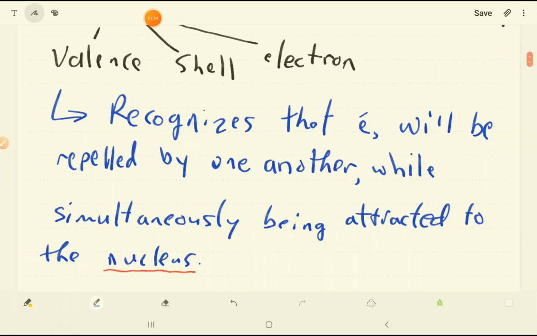So the fact that electrons are locked in place by the electrostatic repulsion towards each other, and electrostatic attraction to the nucleus, they kind of move in fixed distances, and these fixed points create 3D shapes.